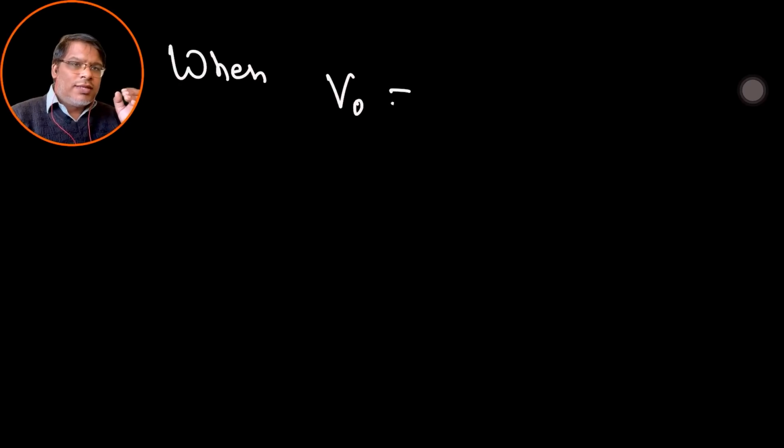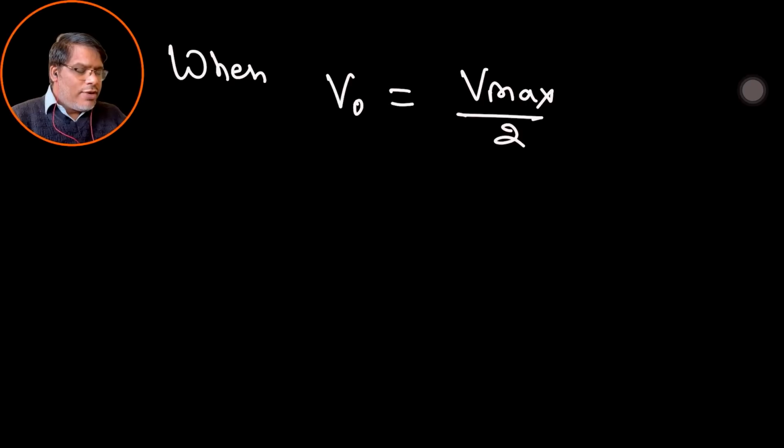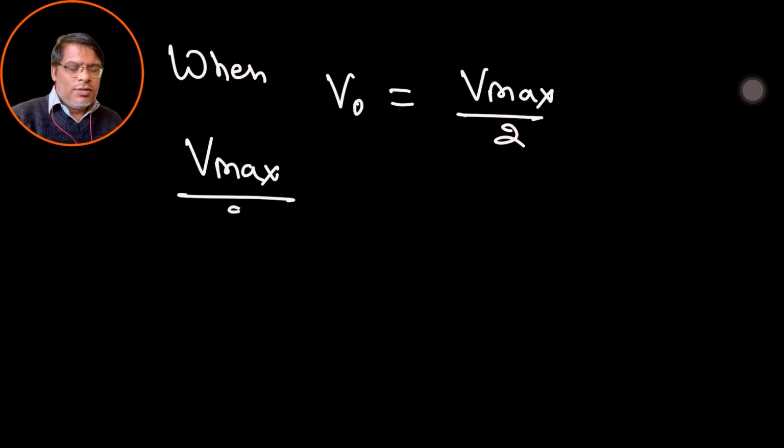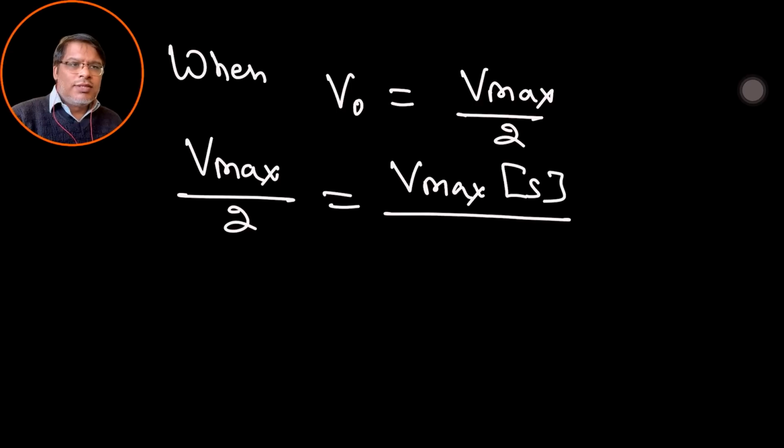Now at the point when VO, the velocity at which the enzyme is working, is equal to Vmax by 2, you know there is one maximum point. So you put this in the Michaelis Menten equation: Vmax by 2 is equal to Vmax into substrate concentration, divided by Km plus substrate concentration.